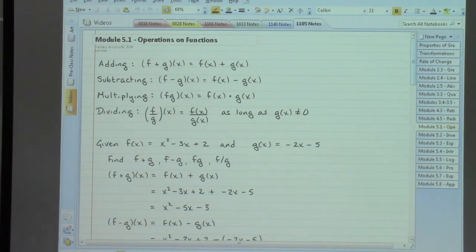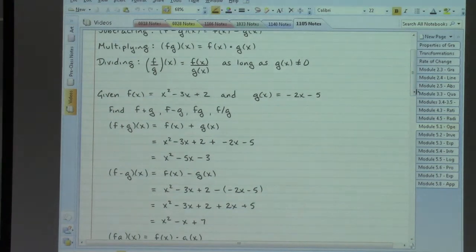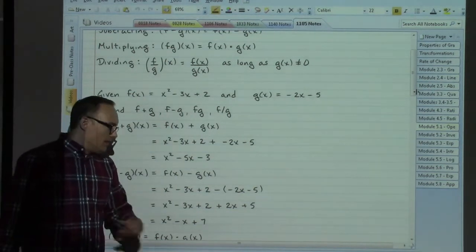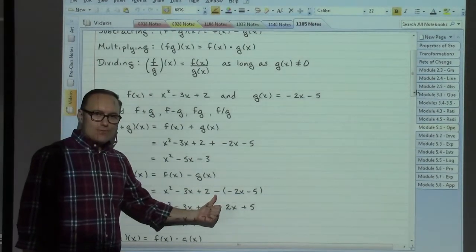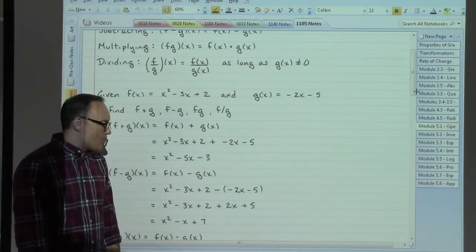Moving on to the subtraction, again, parentheses f minus g of x. For that official function notation, we're talking about doing f of x minus g of x. As usual with subtraction, we want to be careful. We want to make sure that we're going to distribute that subtraction, push that negative through, however you might like to say it in your own words.